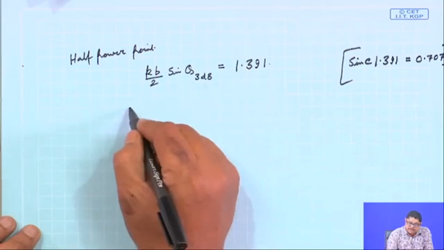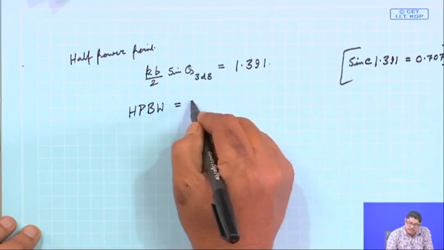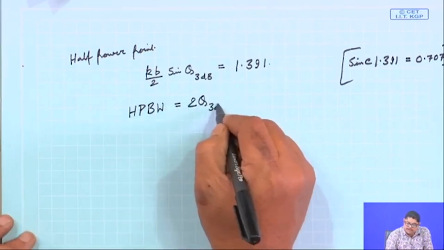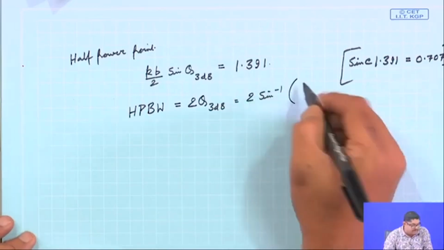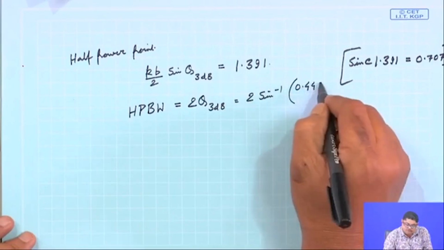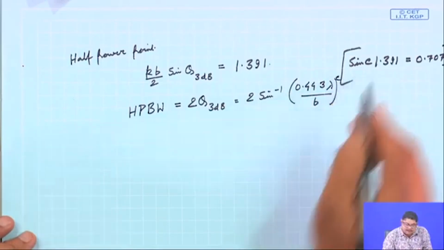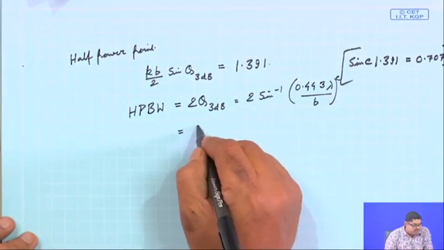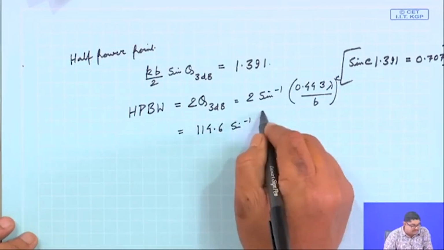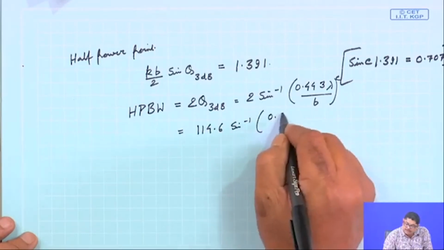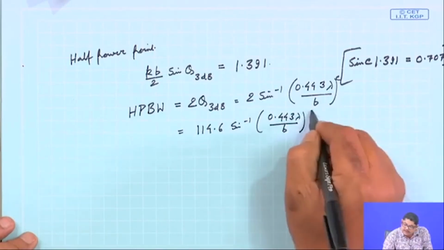I knew this, that is why I wrote that 1.391. So, from there you can now write the half power beam width, that will be 2 into theta 3 dB, and that is 2 sin inverse 0.443 lambda by b in radian, and that will turn out to be 114.6 sin inverse 0.443 lambda by b in degrees.